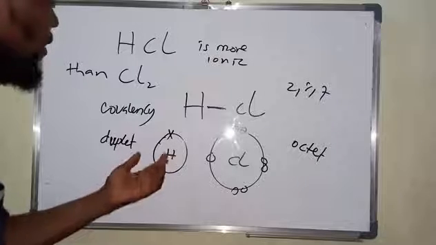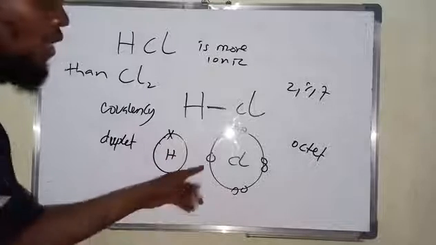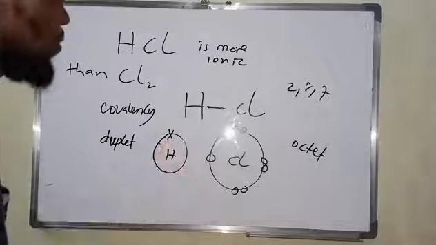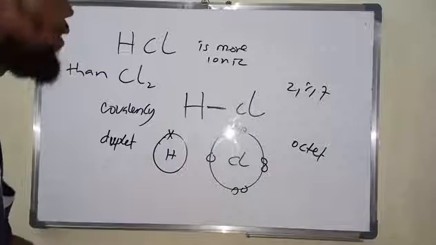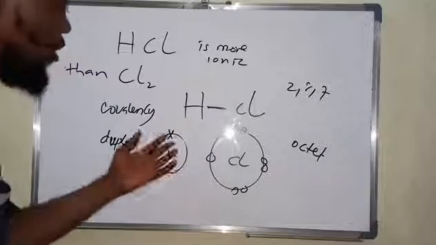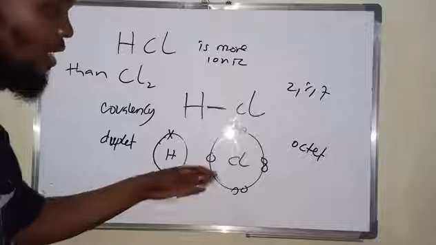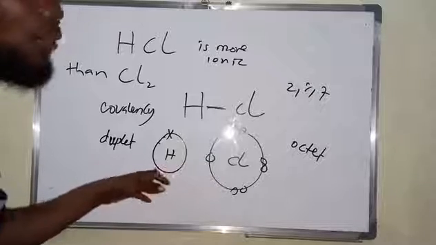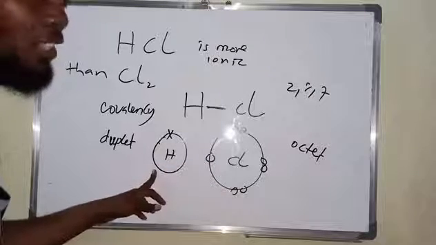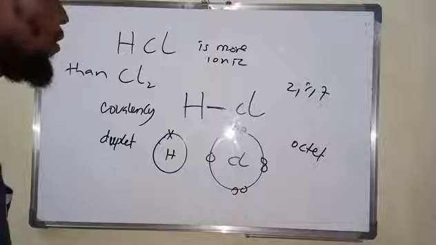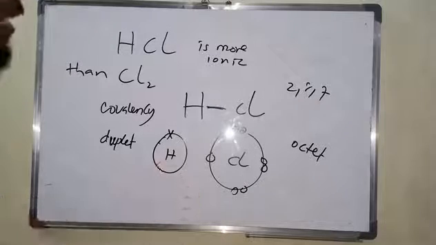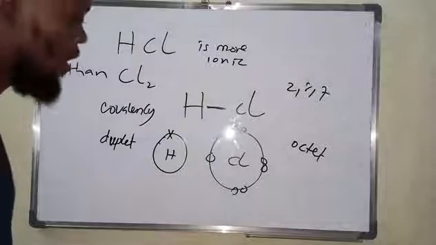So what does it do? It requires one to achieve that. This also requires one to achieve its own. So the two of them have to combine. If this transfers its electron to this, yes, this will attain, but this is left with no electron. It just becomes an ordinary proton. But this is to happen by covalency. So instead, they have to share.